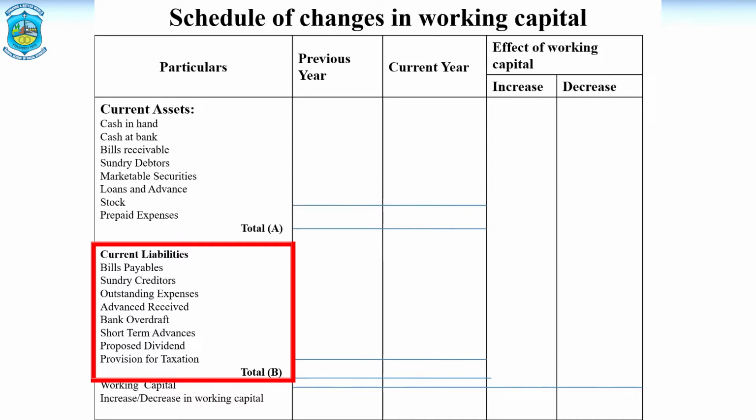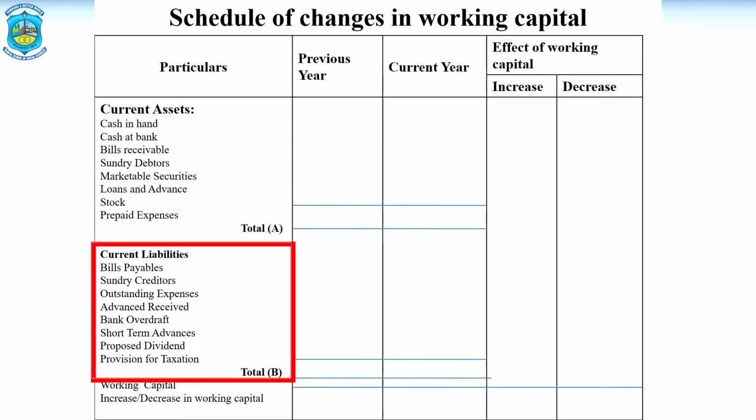Those liabilities include bills payable, sundry creditors, outstanding expenses, advance received, bank overdraft, short-term advances, proposed dividend and provision for taxation. All these are our current liabilities and these are current assets.